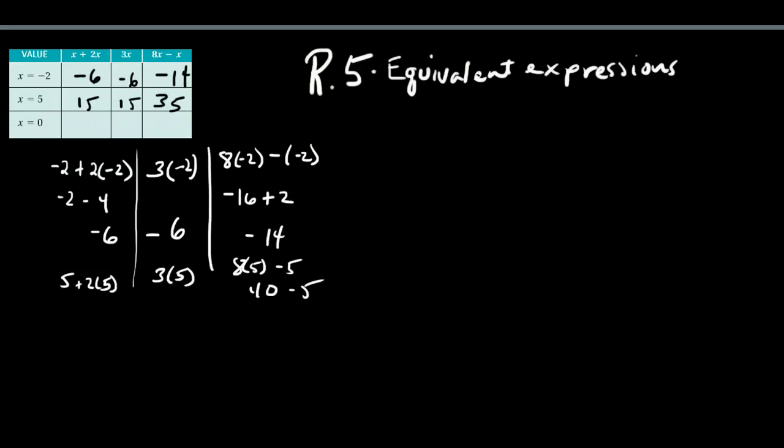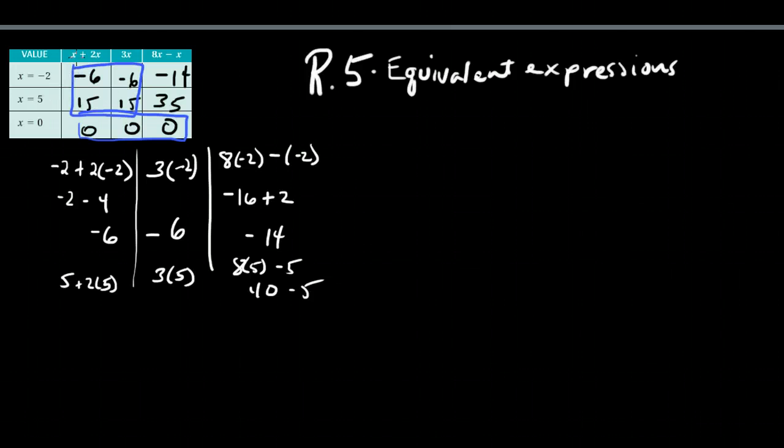And finally, 0 plus 0 is 0. 3 times 0 is also 0. And 0 minus 0 is 0. So notice that even though at 0 all three expressions had the same value, only the first two expressions had the same value in the previous two cases.